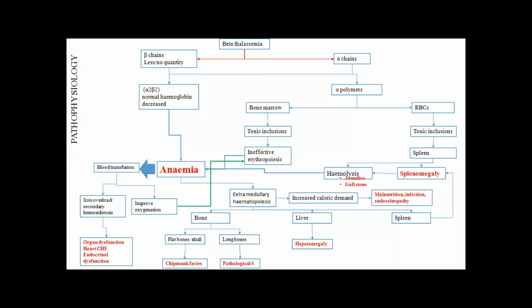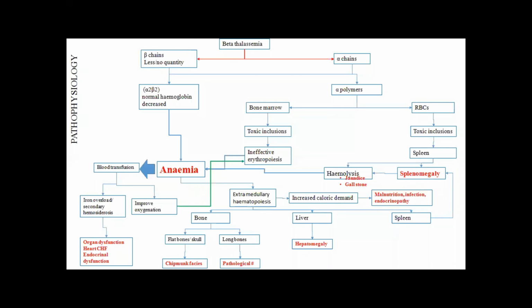But these patients require repeated transfusion of blood. This will lead to iron overload or secondary hemosiderosis, and this secondary hemosiderosis leads to different organ dysfunction. In the heart, it will lead to restrictive, systolic or diastolic dysfunction or arrhythmias. In the endocrine system, it can precipitate inside different glands, leading to hypofunction of different glands.